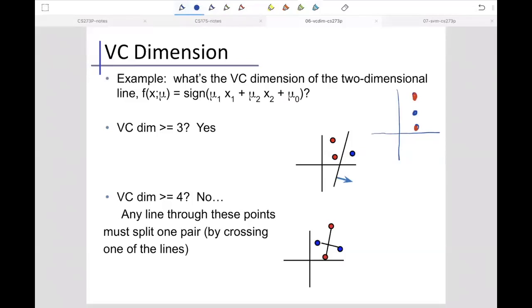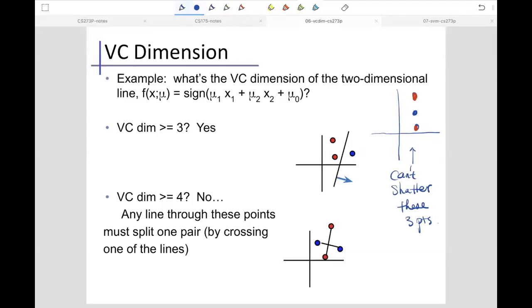So the model cannot shatter these data points. Okay, that's a correct statement.